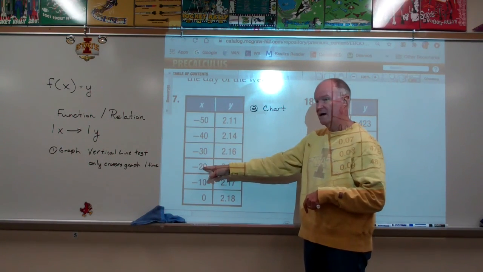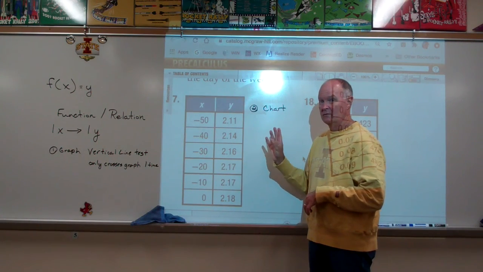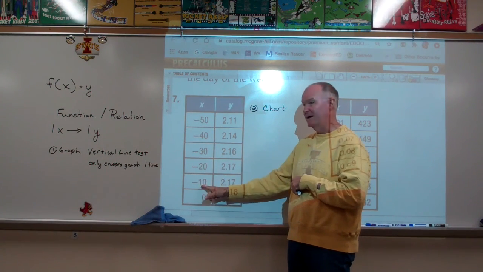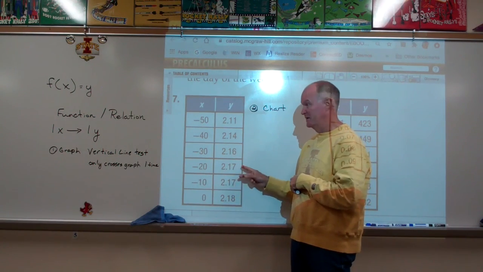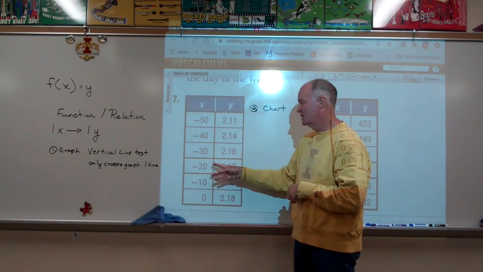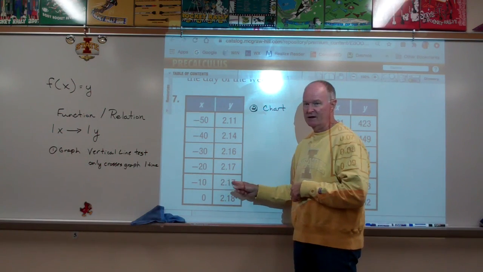Did 1 x go to 1 y? These y's are the same. That's okay. You can go to the same y value as long as you're a different x.